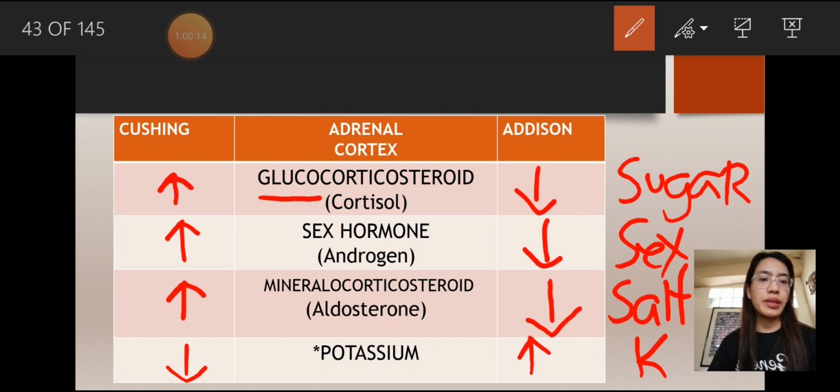Okay? For the physical manifestation, ang Cushing, mataba yan. Meron silang moon face, buffalo hump, truncal obesity, tas may mga stria, yung kanilang integument or kanilang skin, especially sa kanilang tiyan. Addison naman, physical manifestation, nagkakaroon ng bronze discoloration, yung kanilang balat.